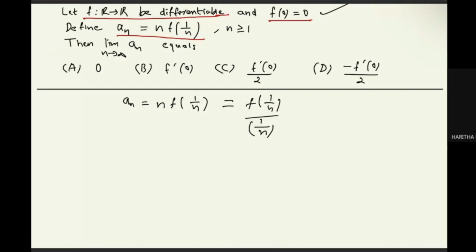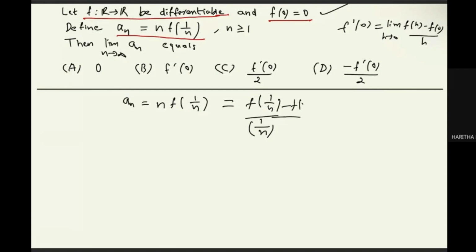So what is f dash 0 by definition? f dash 0 is the limit as x tends to 0 of f of x minus f of 0 by x. Is it of this form, the limit we are talking about? Because what is f of 0 in our case? 0, right?